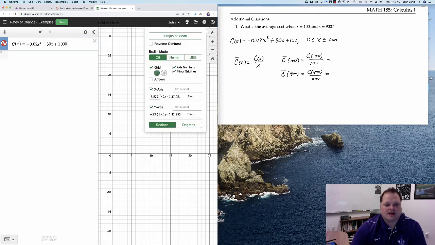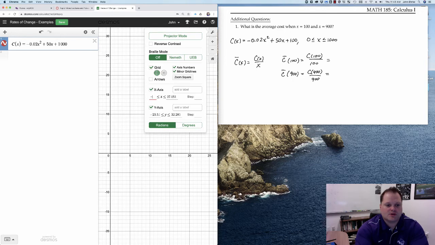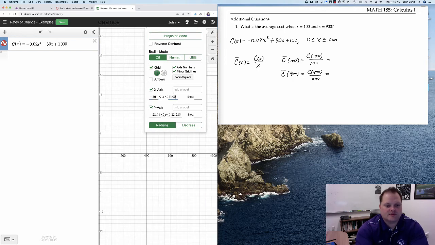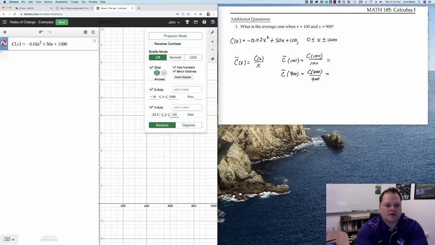So I'm going to set the x-axis from, let's do like negative 10 to 1,000. And I know that it has an intercept of 100 here. So I'm going to go all the way up to 100 for my y-axis.